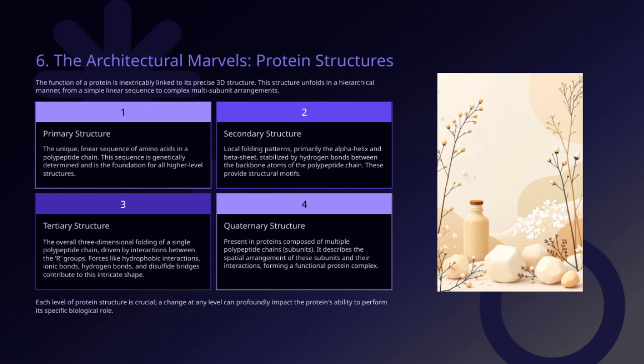Proteins fold hierarchically, starting from a simple linear chain to complex multi-subunit assemblies, each level building on the last. Finally, when we look at all these levels together, we see the architectural marvels that are protein structures, each one intricately designed and essential for the diverse functions proteins perform in our bodies.